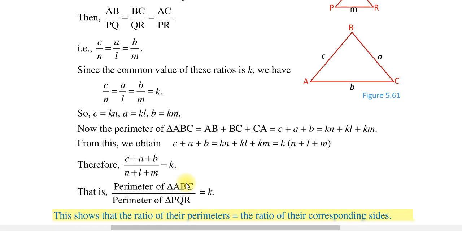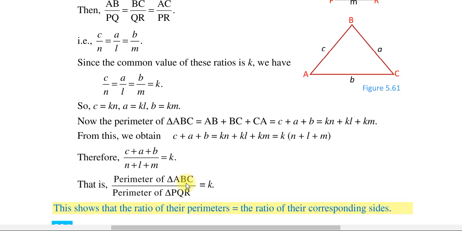Now the perimeter of triangle ABC is equal to AB plus BC plus CA, which is equal to C plus A plus B. That means Kn plus Kl plus Km.